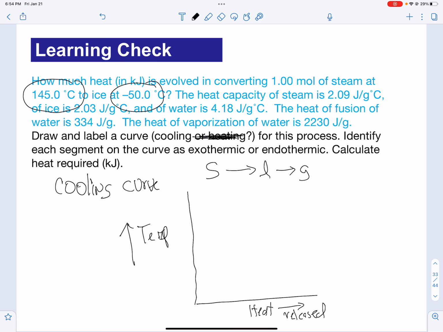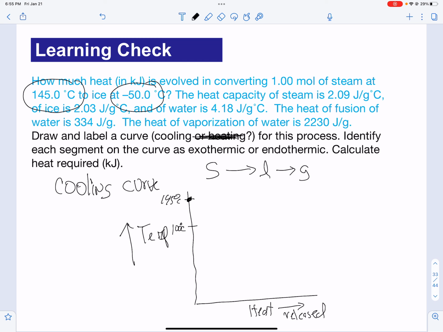And let's say that we start at 145 degrees Celsius. So at this particular point, that's where our graph begins. But we know water. We know that water boils at 100 degrees Celsius. So at 100 degrees Celsius, that's when you have a change of state.